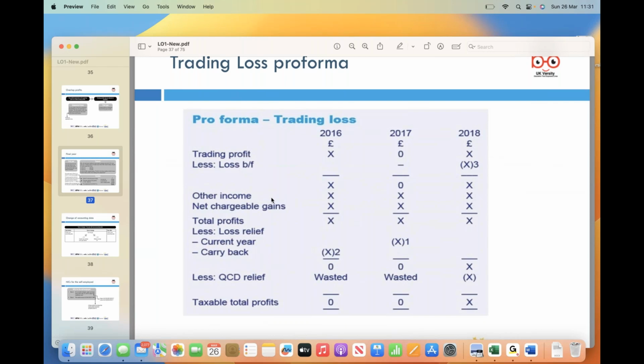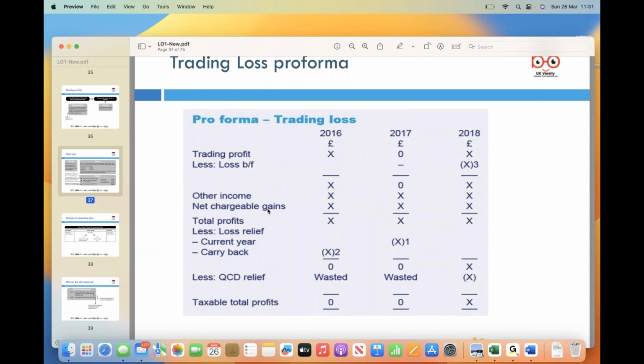Any remaining loss can be carried forward to future years. Net chargeable gains, total profit less loss relief, current year and carry back. This can be claimed for the current year or the previous year, but not both.